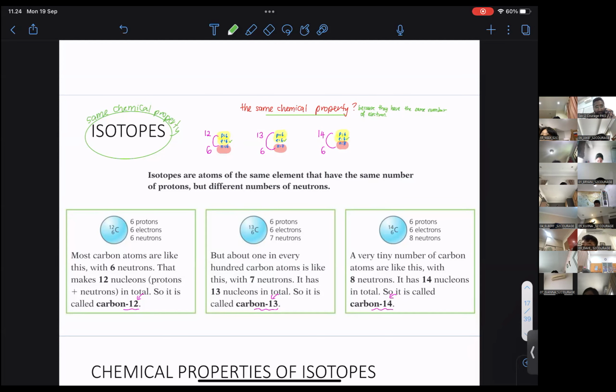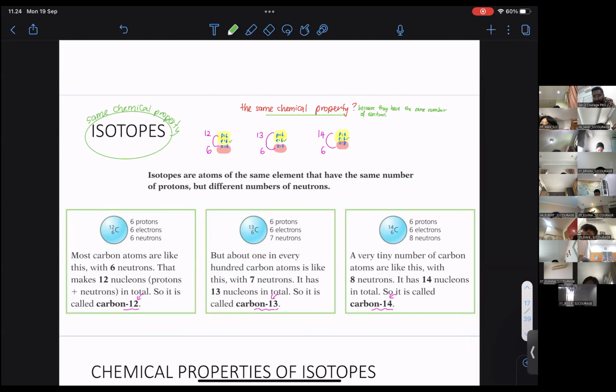Now, physical property, I just want to check with you guys. Henrietta, do you think that isotopes will have the same physical property? Based on our discussion just now, Michelle, can you list down what we discussed?